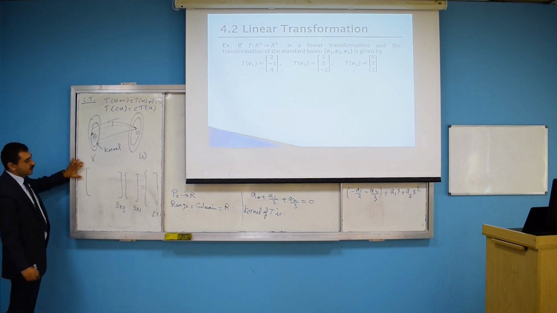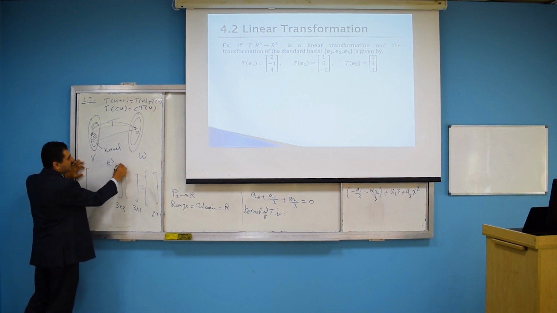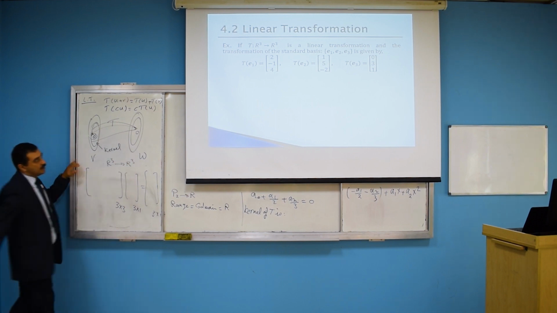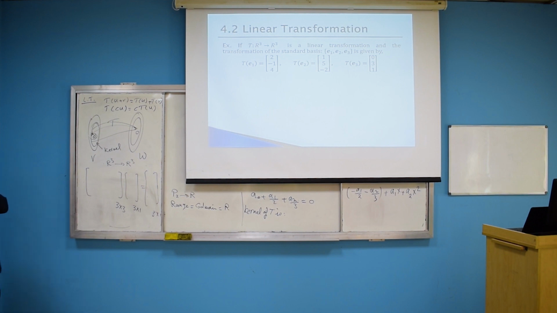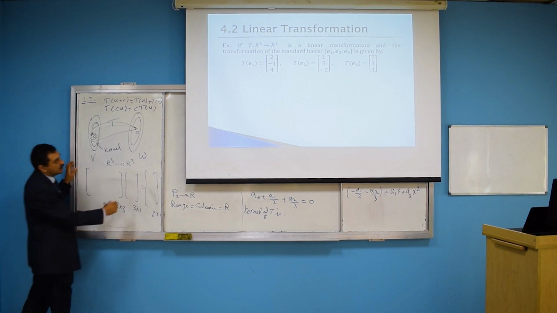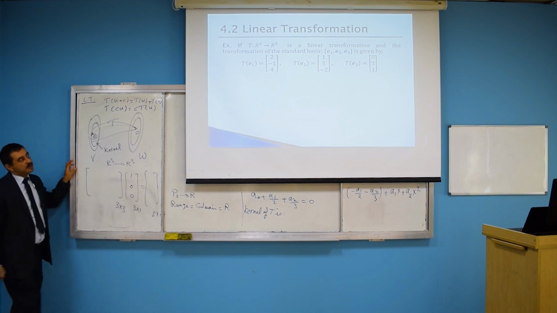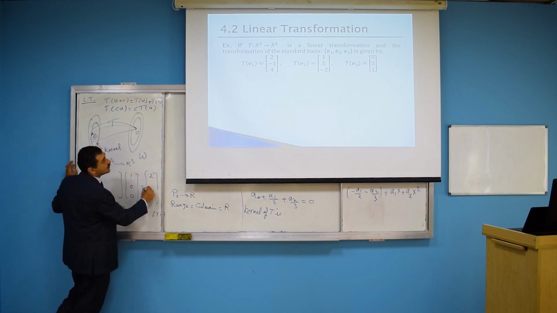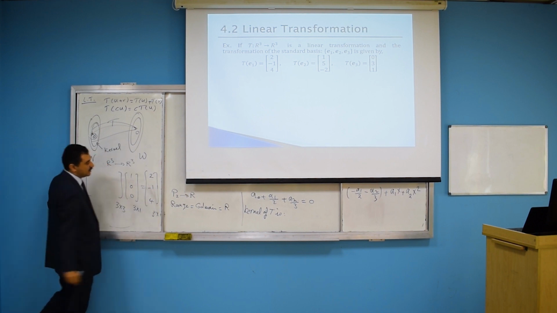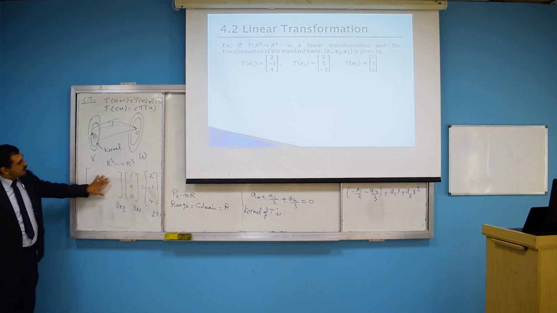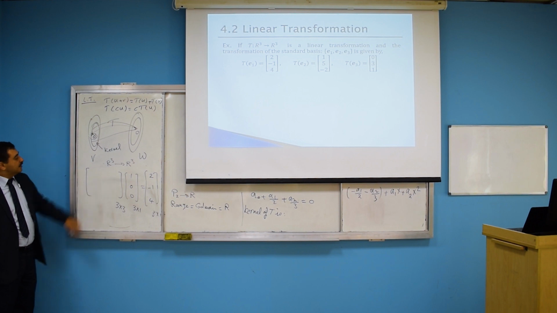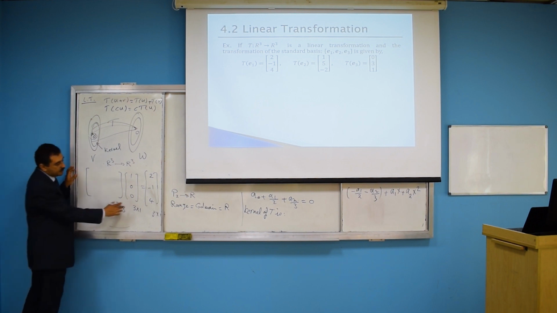So this is a transformation from R3 to itself. So if you know the transformation of E1, where E1 is 1, 0, 0, and the result is 2, negative 1, 4, I want to write here the matrix that causes this transformation.